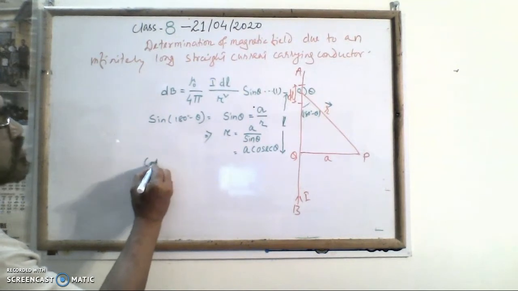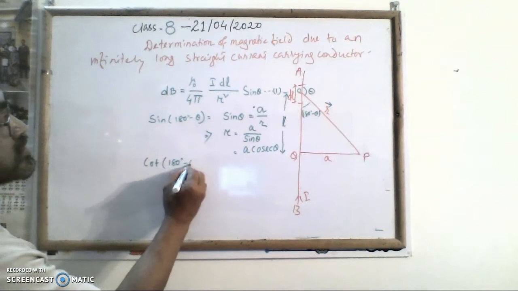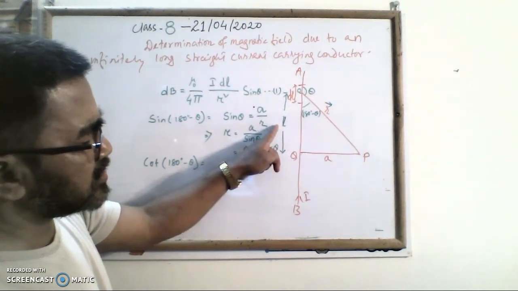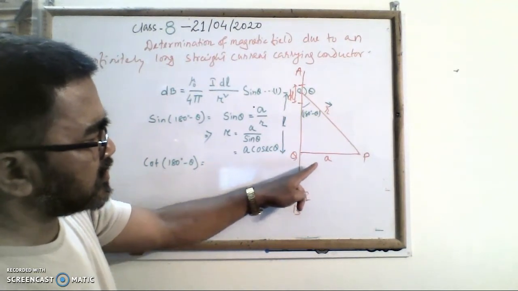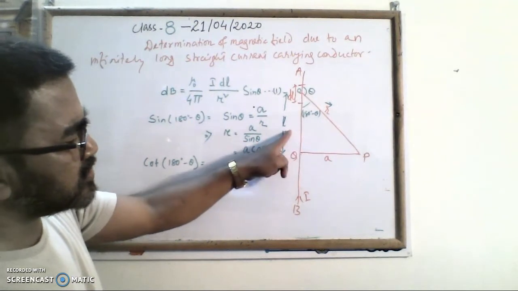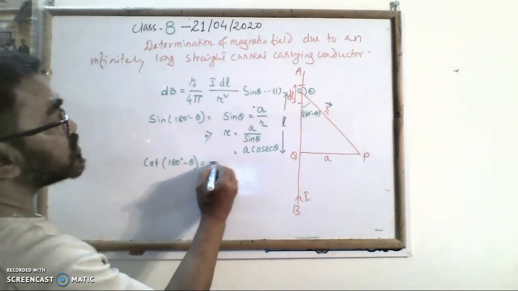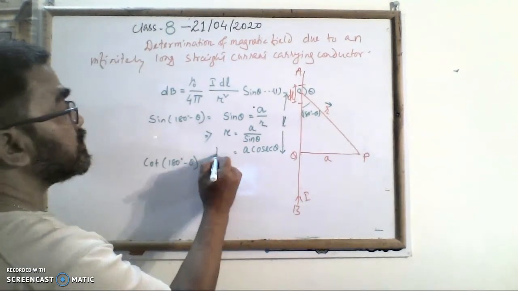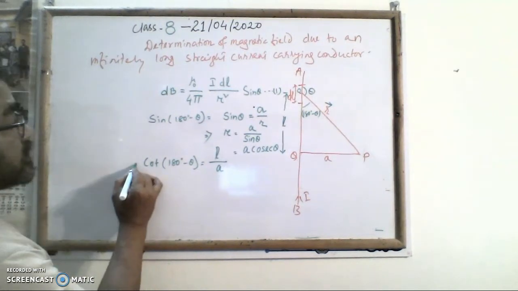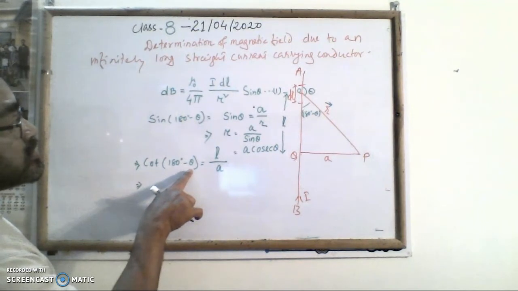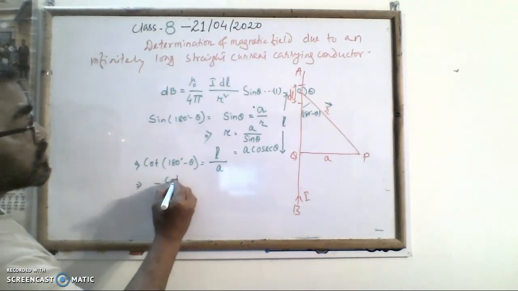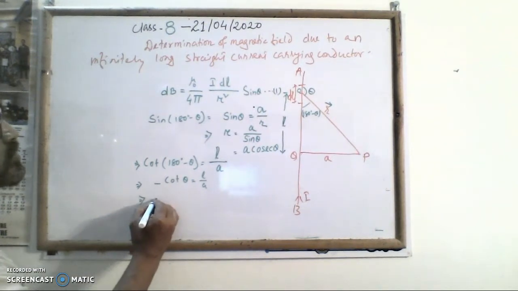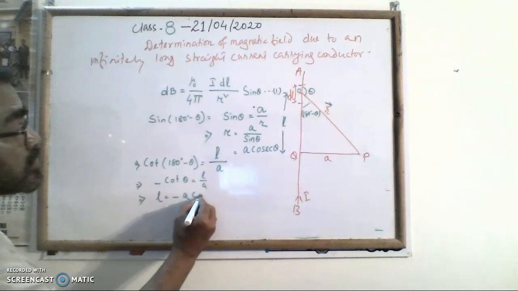If we write cot of 180 degree minus theta, since tan theta is equal to perpendicular by base, here base is L and perpendicular is A. If tan theta is perpendicular by base, then cot theta will be base by perpendicular, so L by A. So minus cot theta is equal to L by A. Also, L is equal to minus A cot theta.